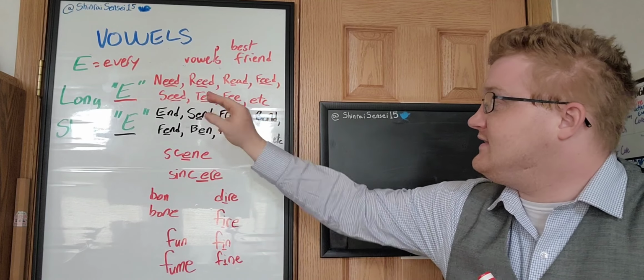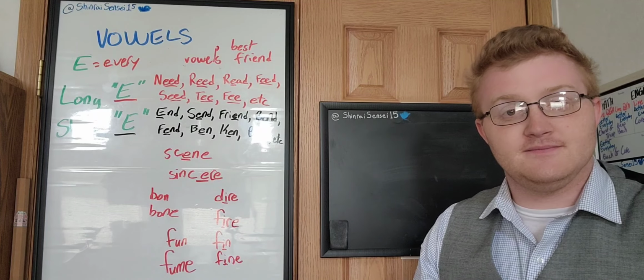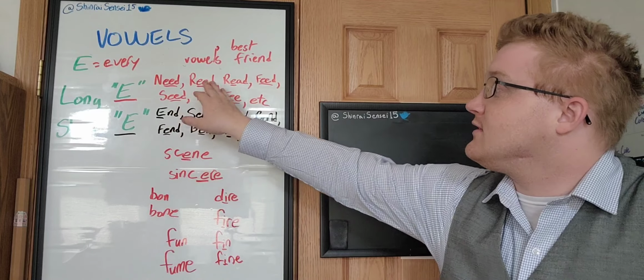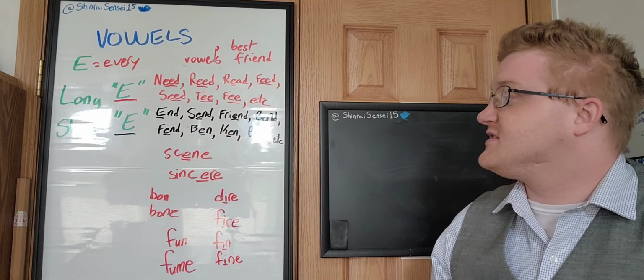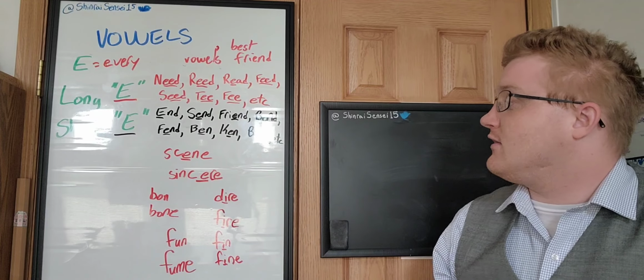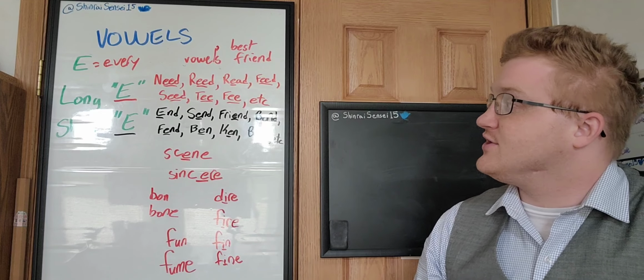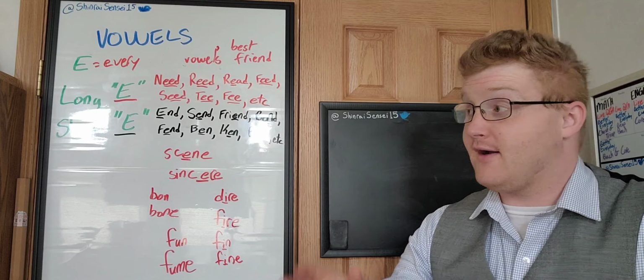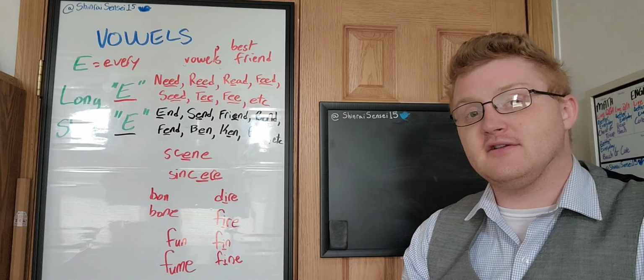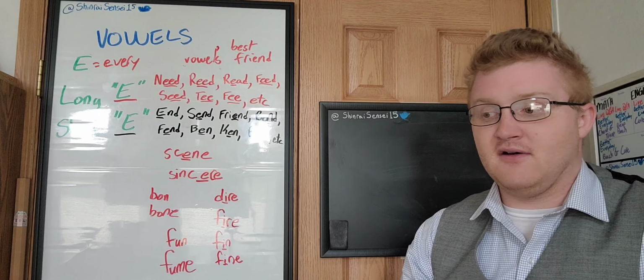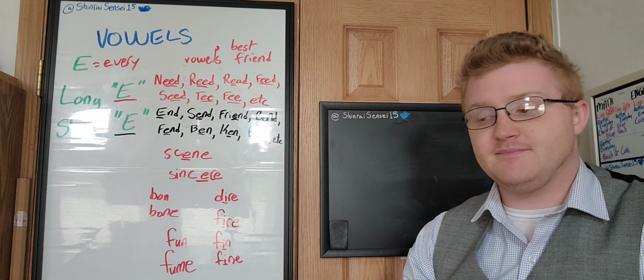Then you have feed, seed, tea, fee, things like that. All these words are where the long E comes out. All these words are where the short E comes out. And then just know that E's are everywhere. And in fact, E's are so common in the English language that a lot of ciphers that are based in English, right?